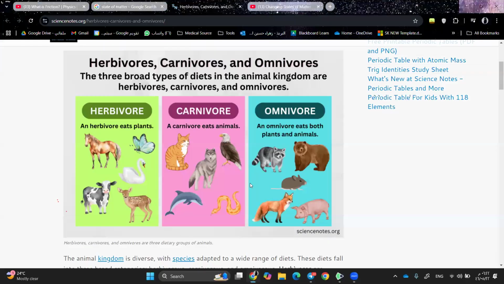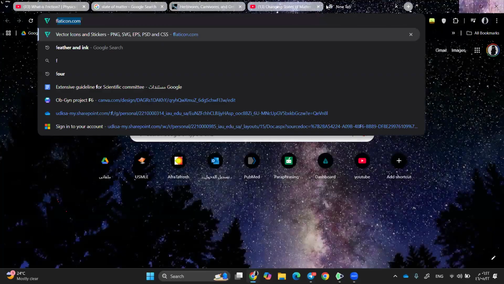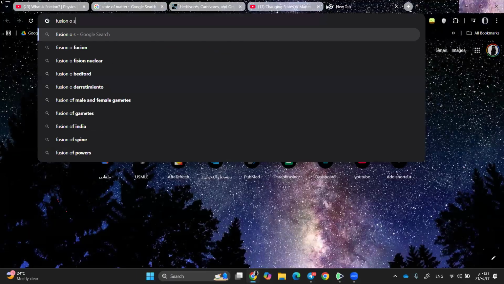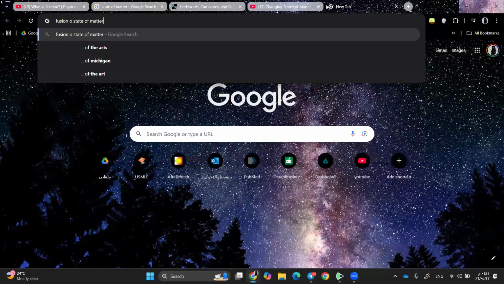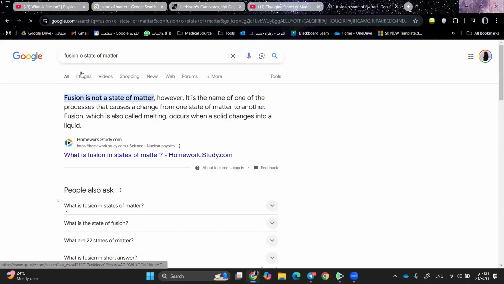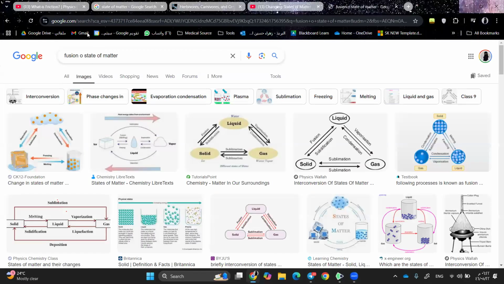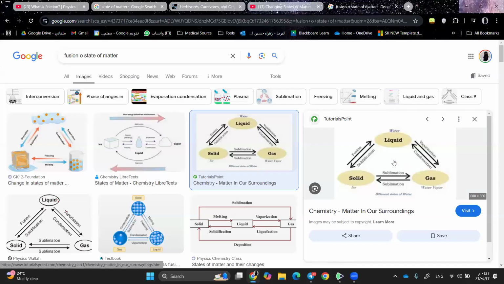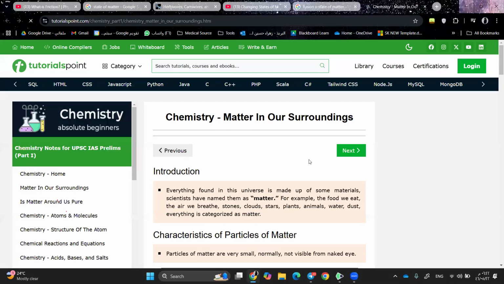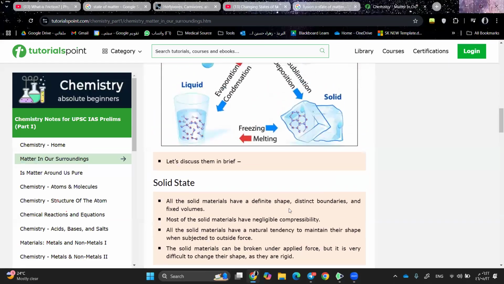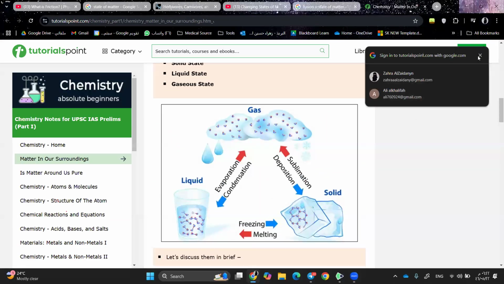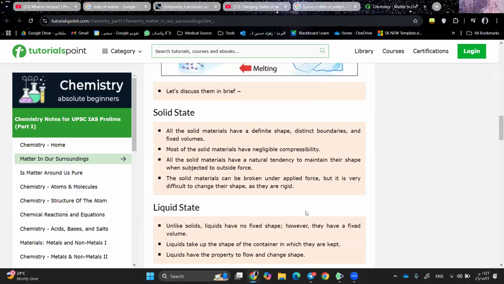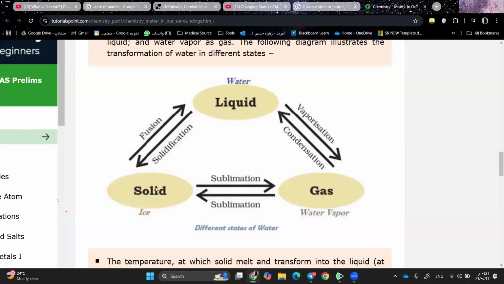Okay, so let me show you here what fusion means. State of matter. Here you will have this picture. It's very important because it will show you all the meaning. So you can see here, from ice to water, it will be the fusion, which is melting.